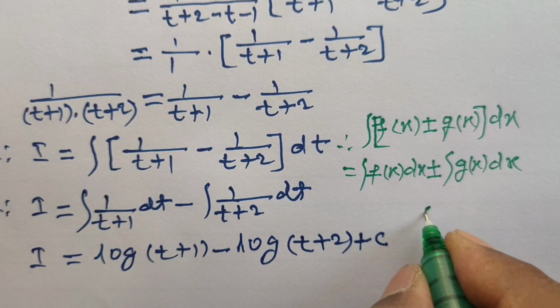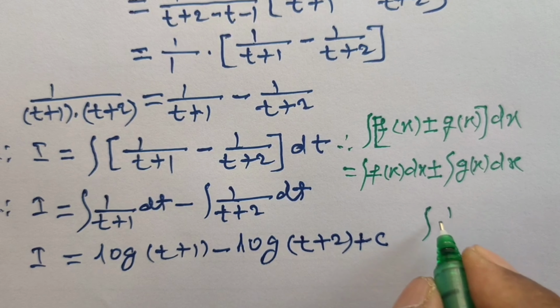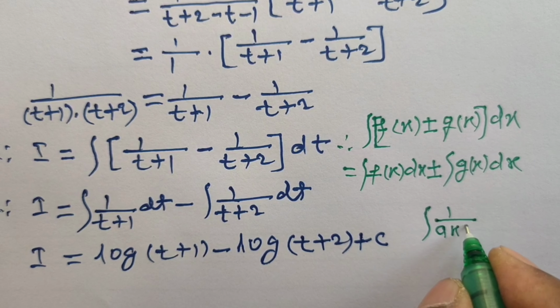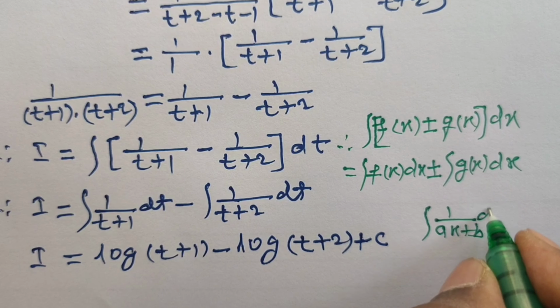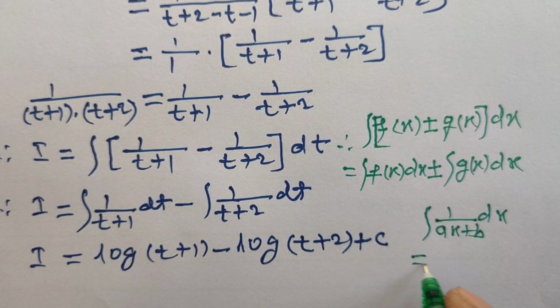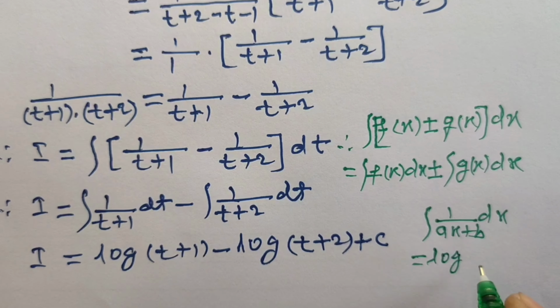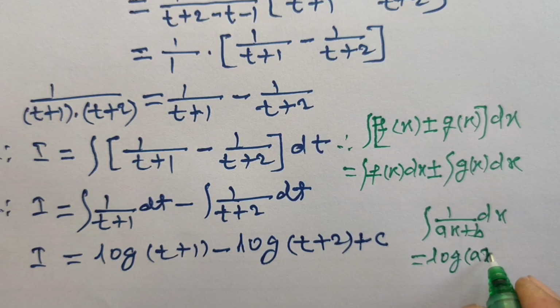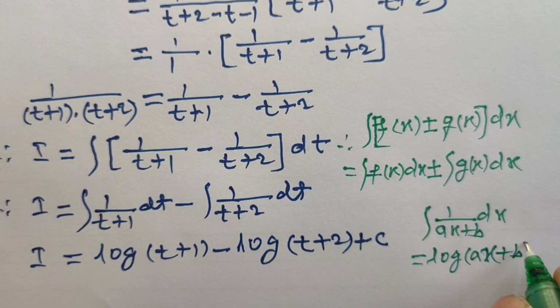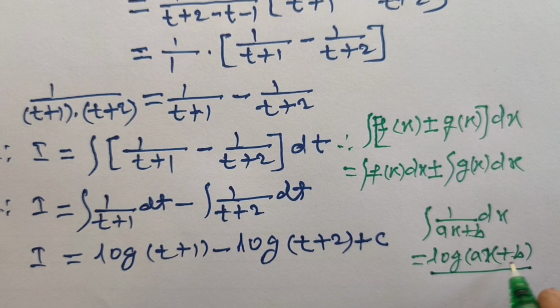We know the property of integral: integral of 1 upon (ax + b) with respect to x is equal to logarithm of (ax + b) divided by the derivative of (ax + b) with respect to x, that is a.